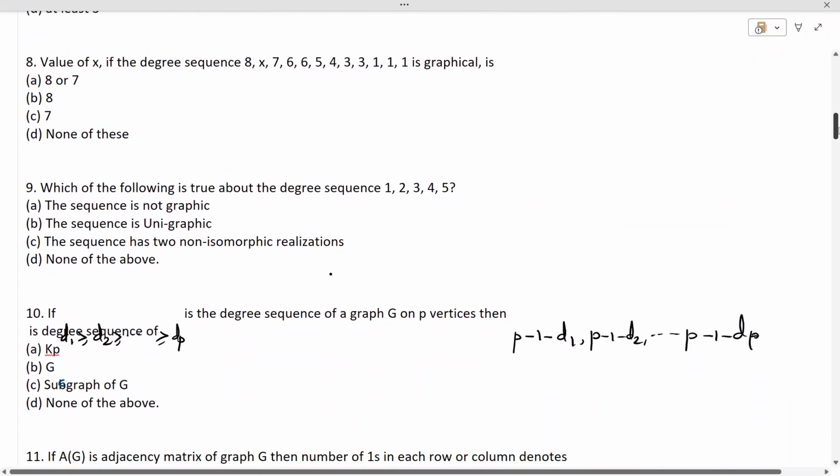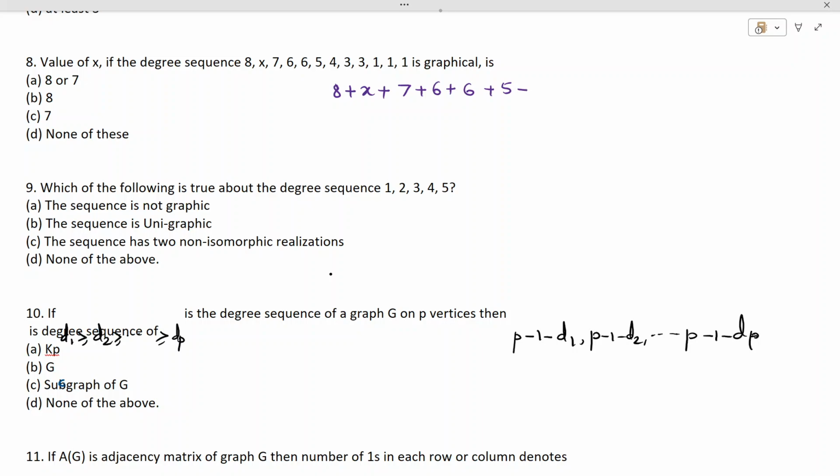Find the value of x if the degree sequence 8, x, 7, 6, 6, 5, 4, 3, 3, 1, 1, 1 is graphical. Again we are going to apply the same principle. The sum of all the terms in the given sequence must be an even number. So 8 plus x plus 7 plus 6, 6, 5, 4, 3, 3, 1, 1, 1 is equal to 8 plus 7, 15, plus 12, 27, 32, 36, 42, plus 3, 45 plus x.